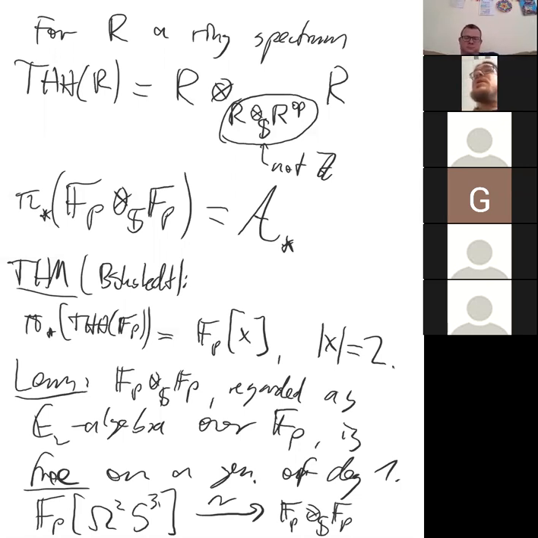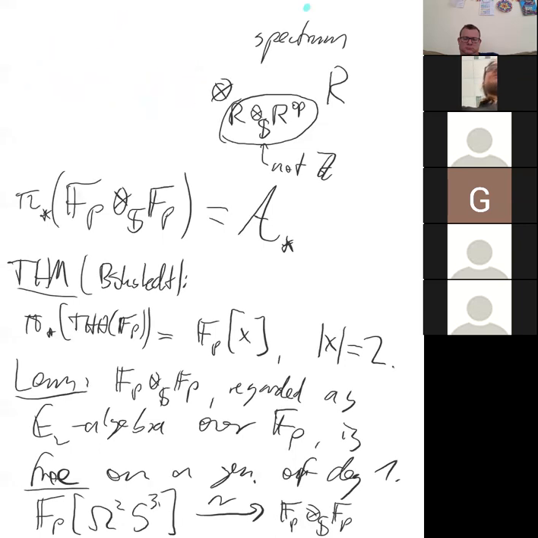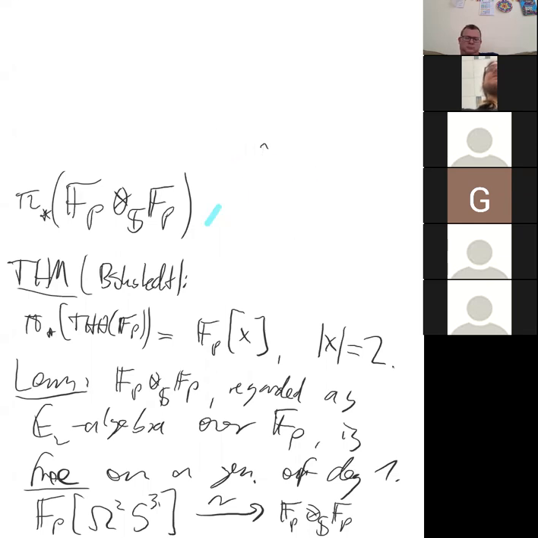And so if you want to prove this, can I somehow erase part of it? Let me just erase the upper part. So if you want to show that something is free, you get a map for free, right? Because maps out of free things are easy.